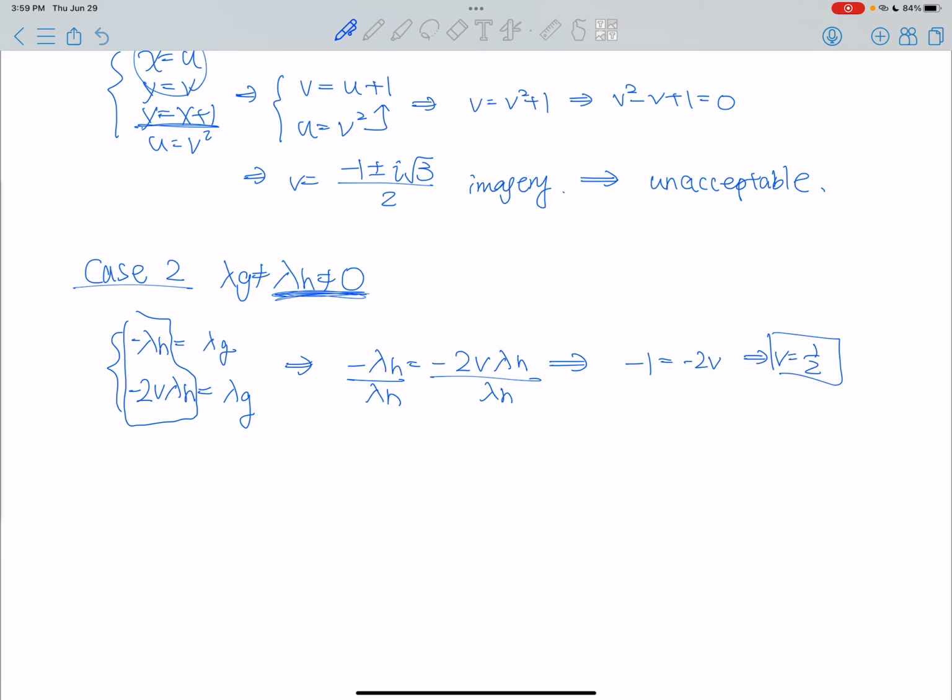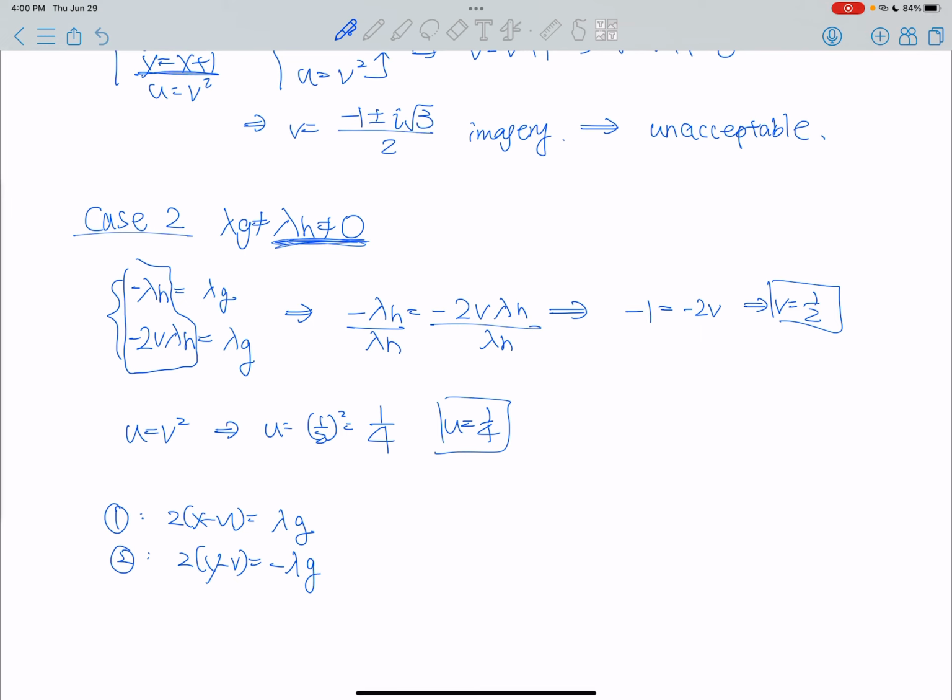Now we need to solve for x and y. How can we do this? Take a look at these equations. From the first equation, we see that 2x minus u equals lambda g. And from the second equation, we can see that 2y minus v equals negative lambda g.